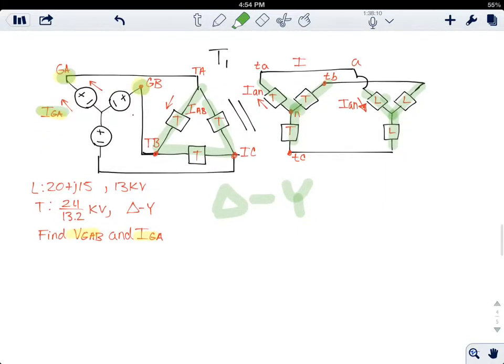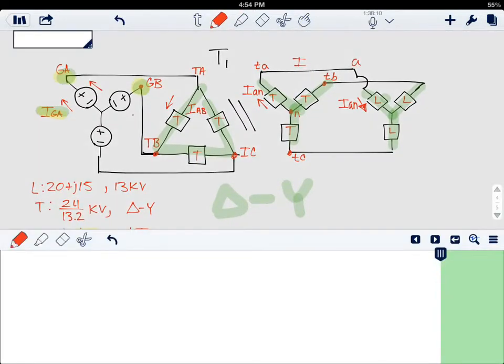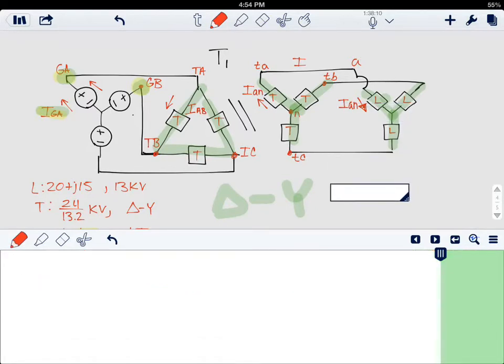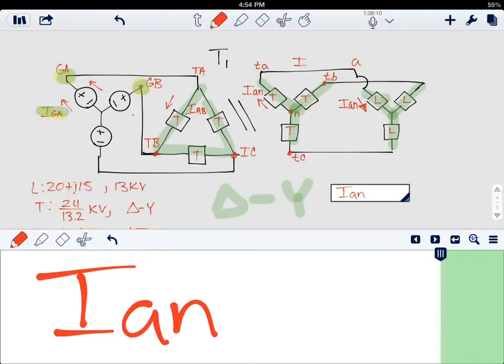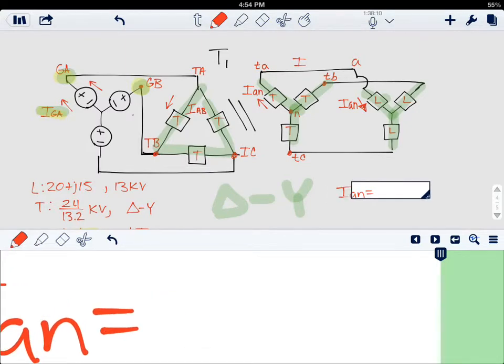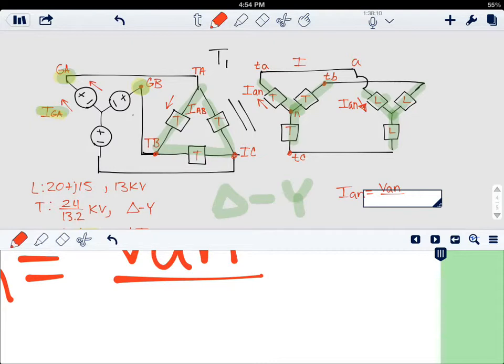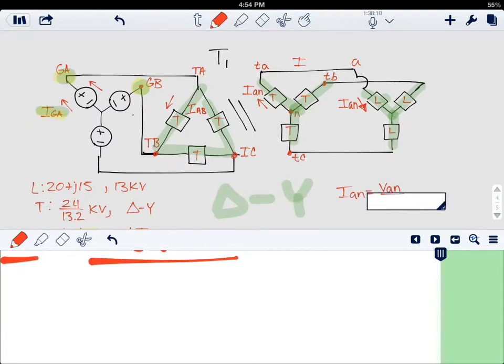The first thing we will do is to find the current at the load, and this could be achieved by dividing the phase voltage at the load over the load itself.